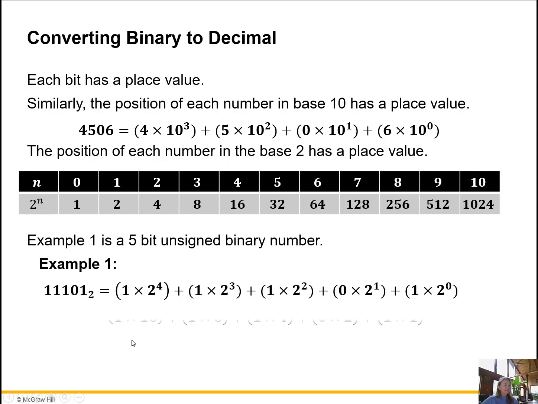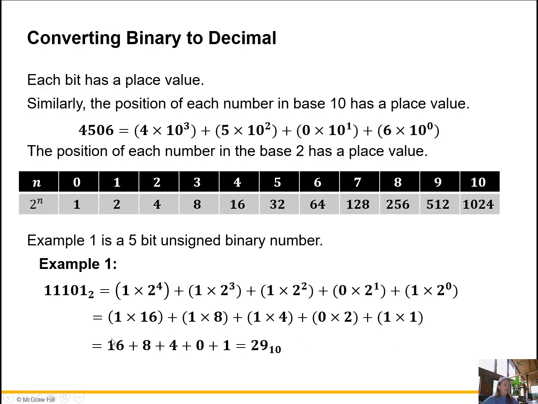So let's look at what that would be. I just go ahead and write in what each of those is. So that means I have 1 16, 1 eight, 1 four, none of those in the 2s position, and 1 one. I can just add all of those up, and I can now say that 11101 in base 2 is equal to 29 in base 10.